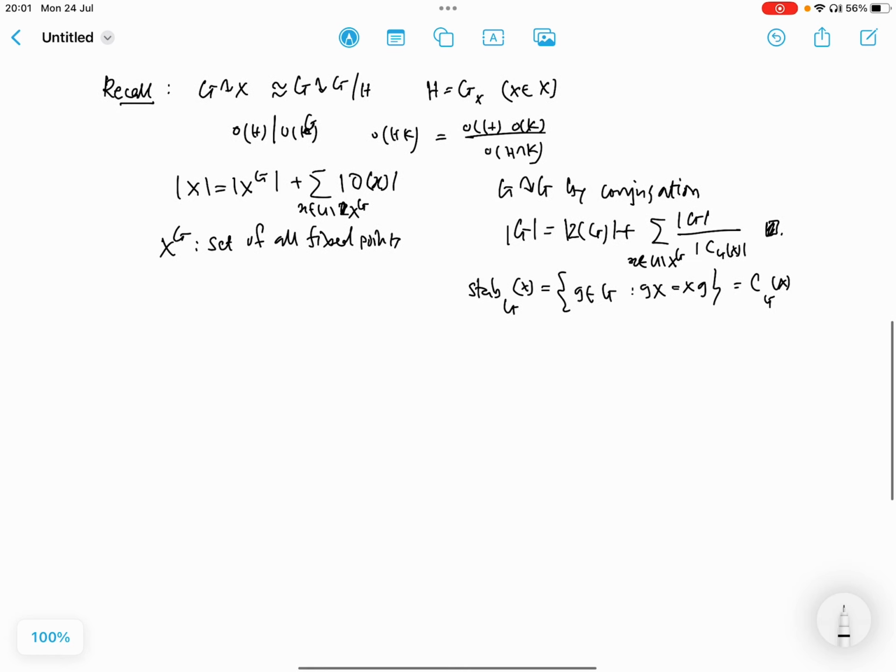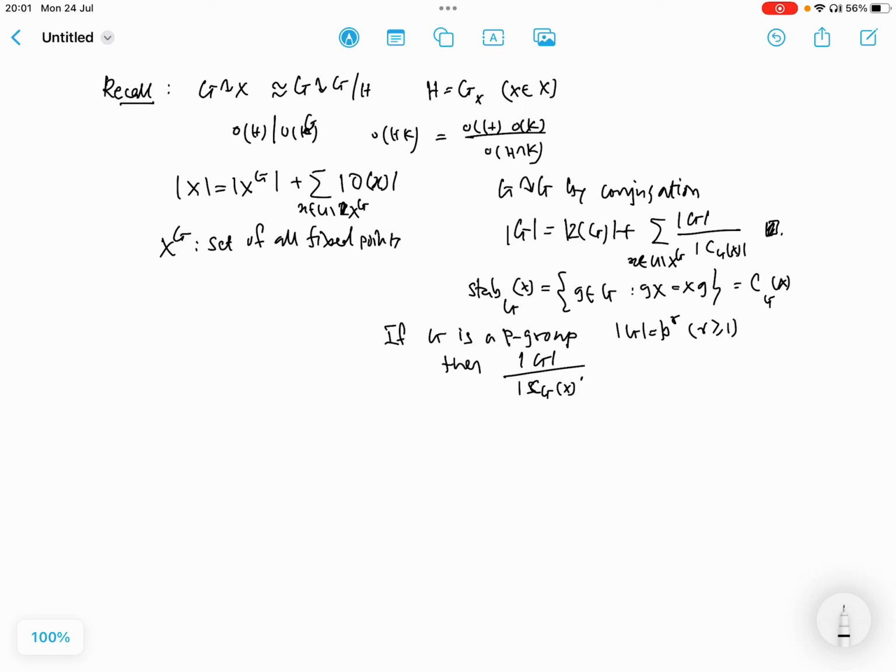So now, in particular, if G is a p-group, then a p-group means the order of G is some power of p, where p is a prime. Now observe that from the class equation we get that p divides the left hand side. And also on the right hand side, if you consider any such order of G by the centralizer of x, remember these x are those elements of the group which have non-trivial orbit.